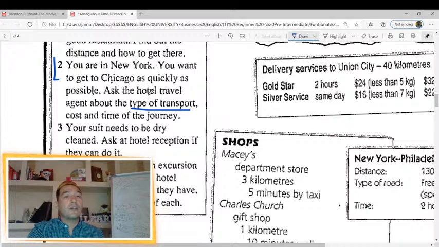Ask the hotel travel agent about what? Nope. Right, look at the number 2. Ask the hotel travel agent about type of transport, cost, and time. That's what we need.